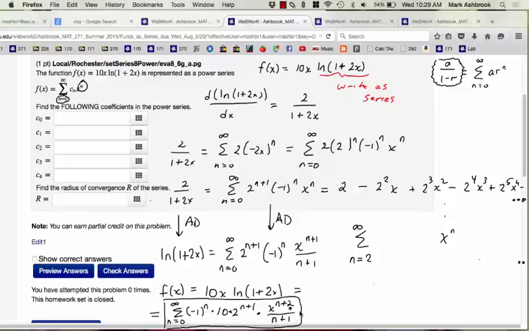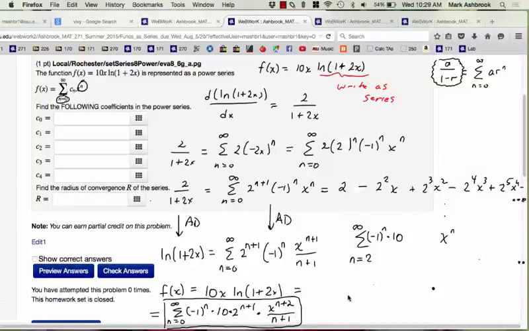The first power of x that we get is x squared. That means if we're writing it as x to the n, the first n value we would have is n equals 2. Is that okay? So this would still be negative 1 to the n. That's fine. And we'll still have 10.